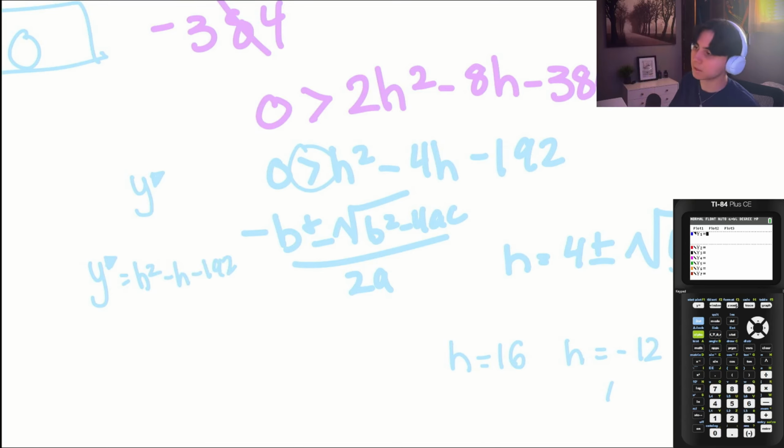And now we're going to look at this. So y is greater than. So we get this top right triangle here. Press OK. Now we're going to put x squared minus 4x minus 192.